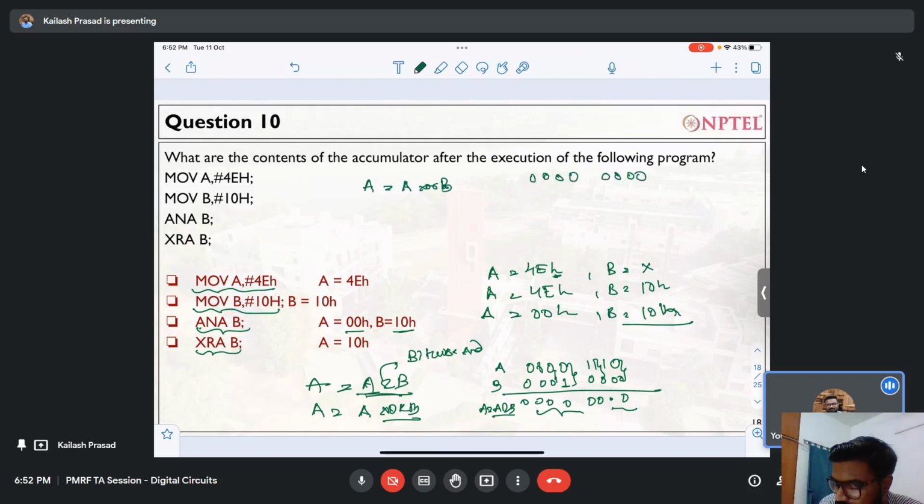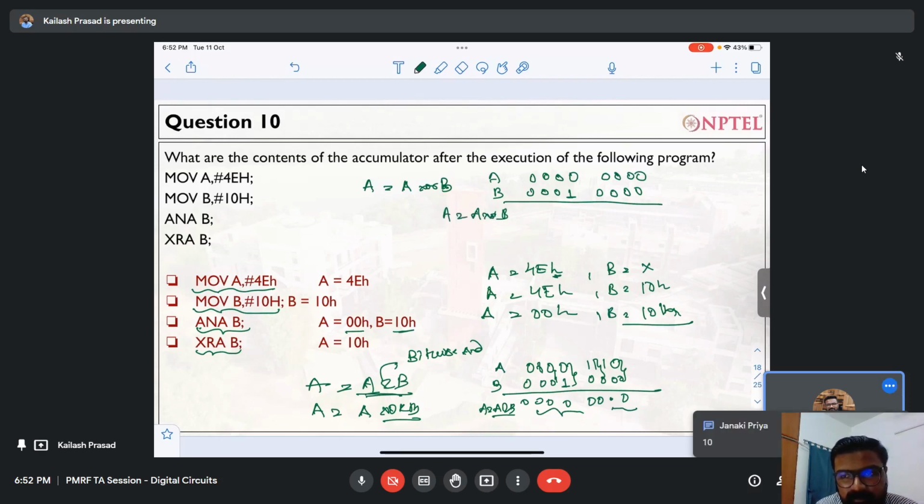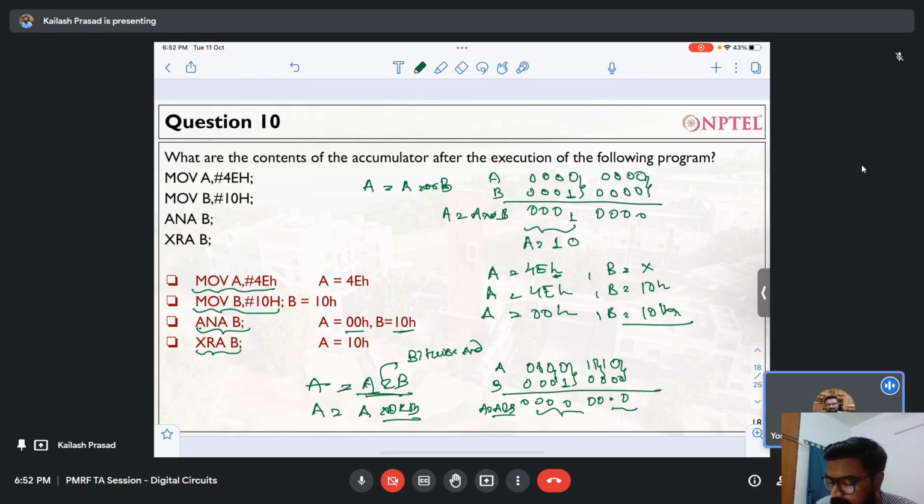B is 0 0 0 1, then 0 0 0 0. You have to perform an XOR operation, which has to be stored in A. Whenever the values in XOR are the same, the answer is 0. Whenever the values are different, our answer is 1. So for this, it is 0, then 0, then 0 0. Here it is different, it will be 1, then 0 0 0 0. So it will be 1 then 0. So A is 10H.